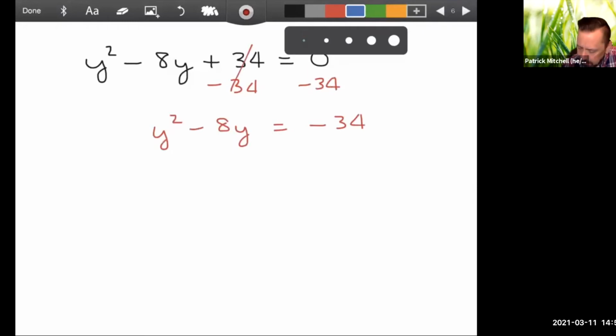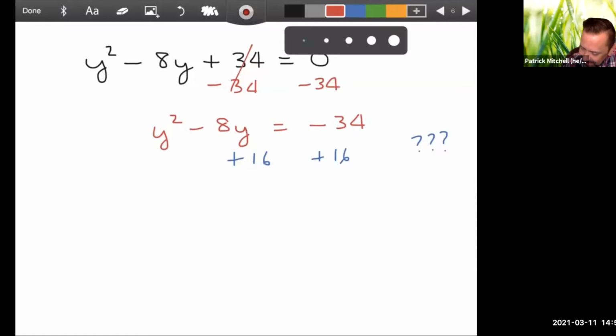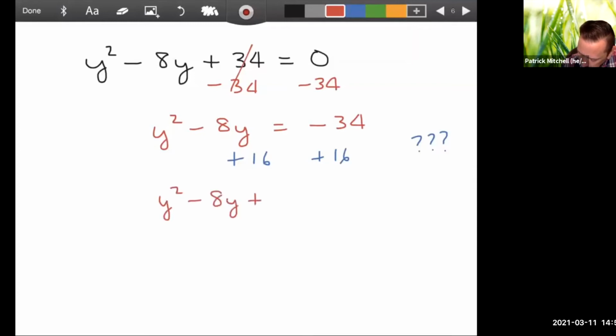I am going to add 16 to both sides. Okay, well, that's the part where I'm teasing you. If you did come up with plus 16, I'm really impressed. But I didn't really expect you to come up with that. I'm doing a magic trick for you. All right, so now I have y squared minus 8y plus 16 equals negative 18.